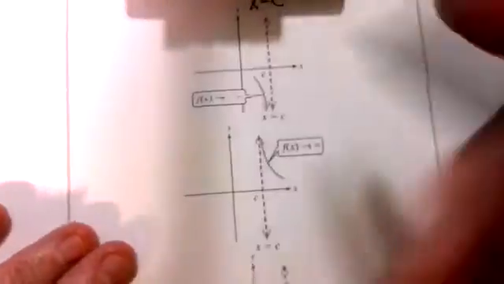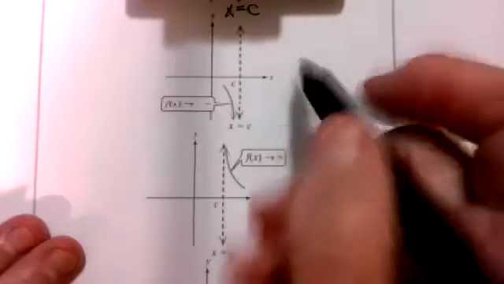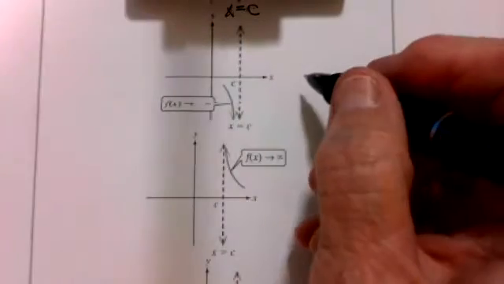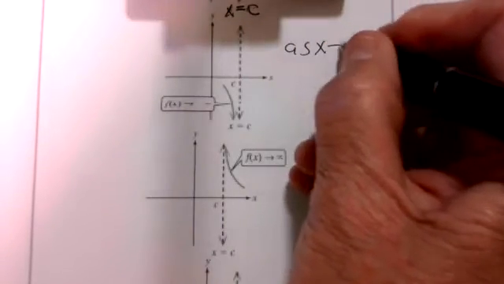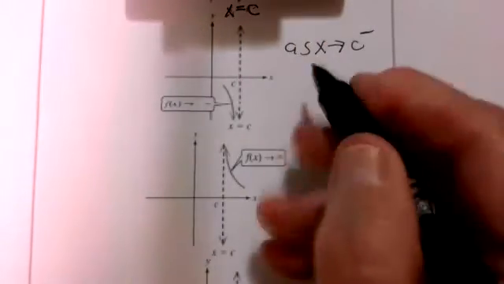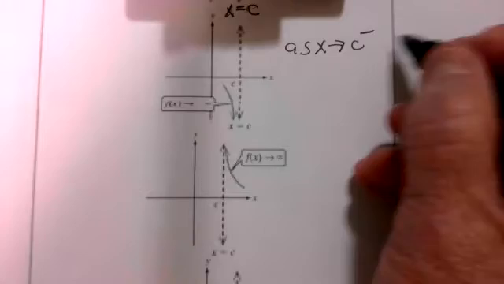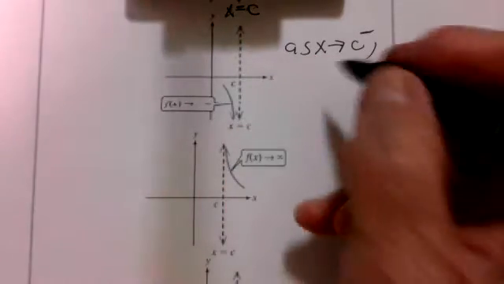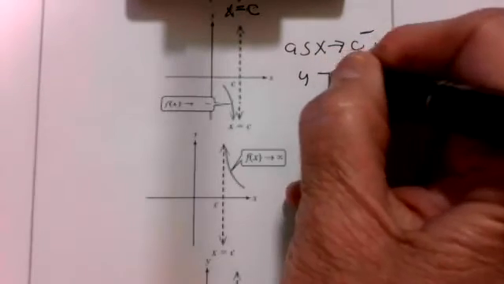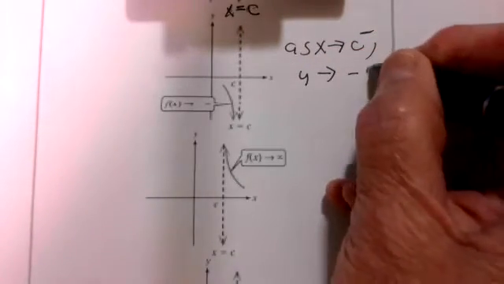But there's other things that could happen, like in this example right here. This is as x approaches c, also from the left, because we're to the left, or x values less than c. But in this case, the y is going to negative infinity.